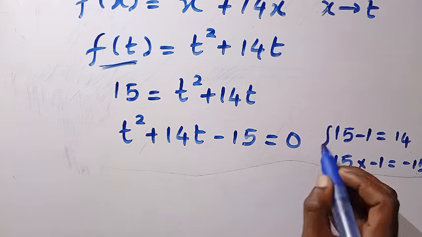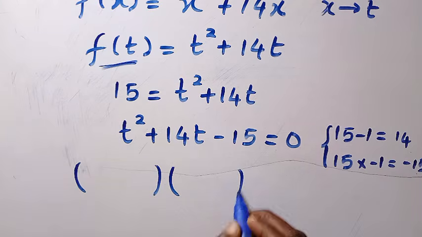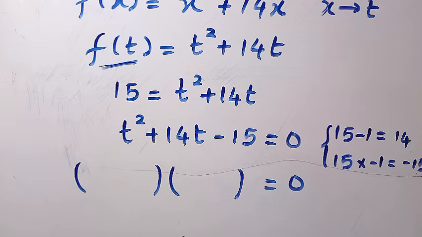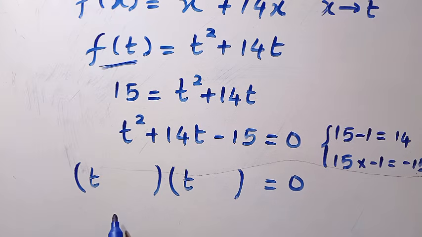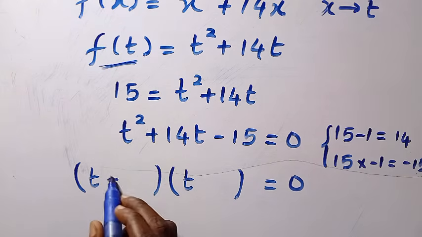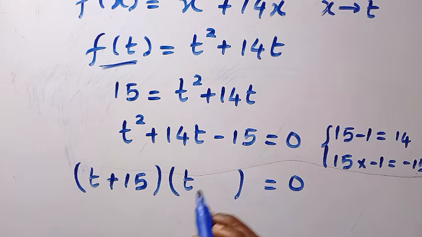We are going to apply this, and we create 2 brackets. This equals 0. So here we have t, this is also t. Since we have 15 and minus 1, and the 14 here is positive, we are going to have this as plus 15, and we have this as minus 1.